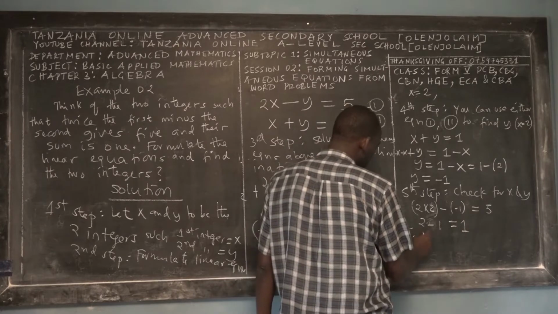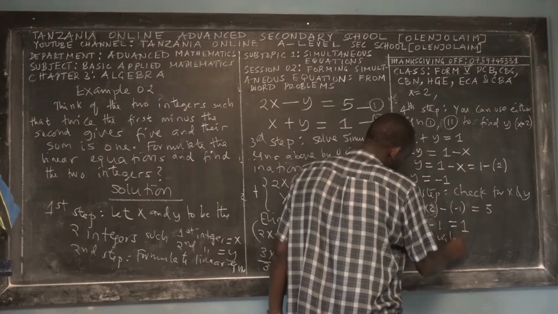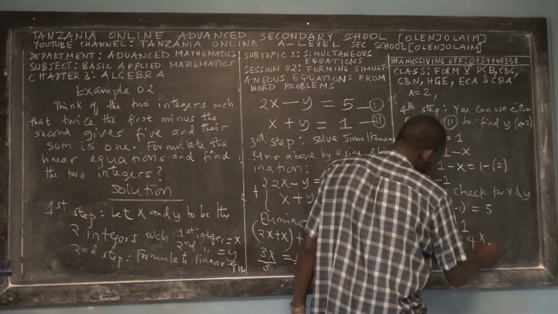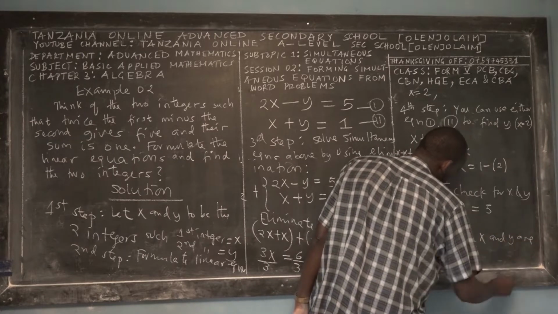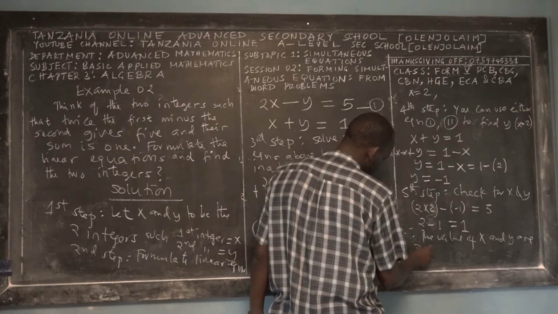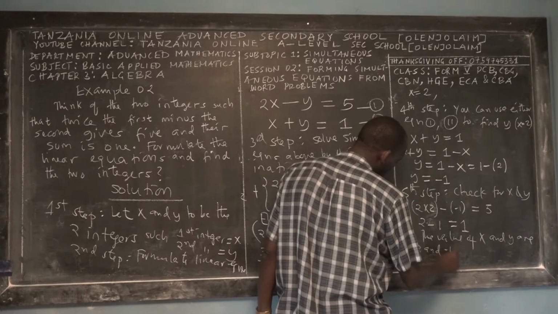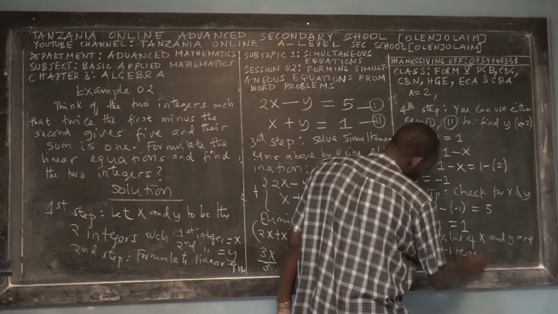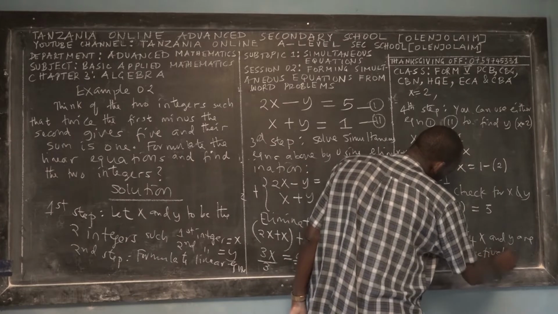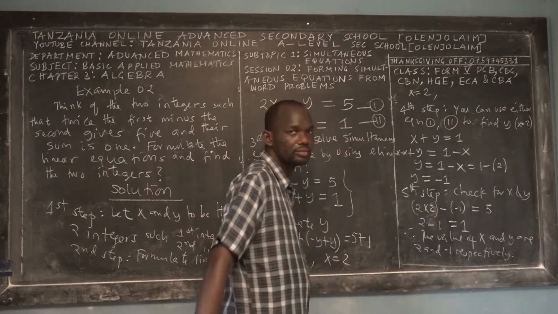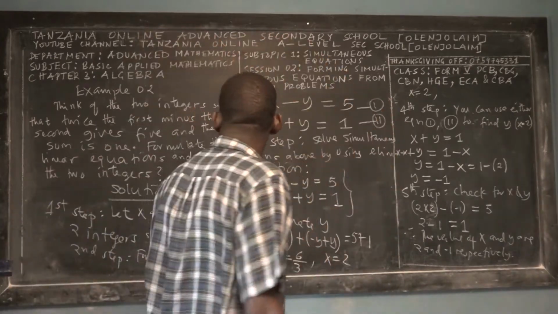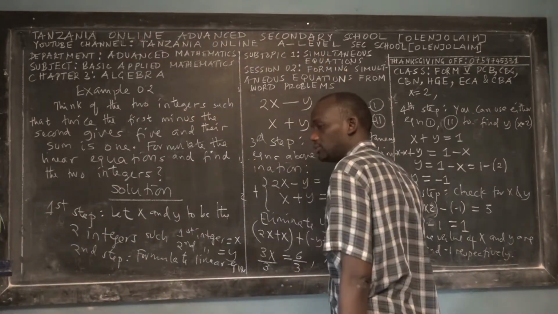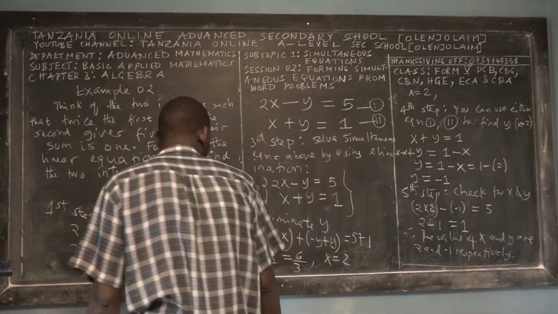So therefore, the values of x and y can be 2 and negative 1, respectively. Okay, that is the end of solving example 2 by using the elimination method.